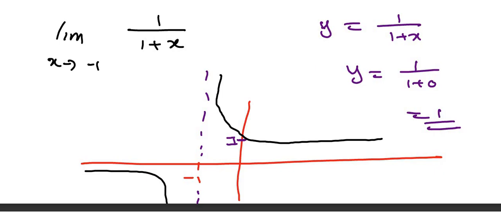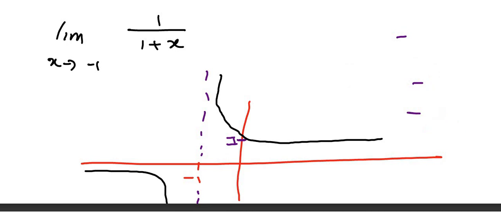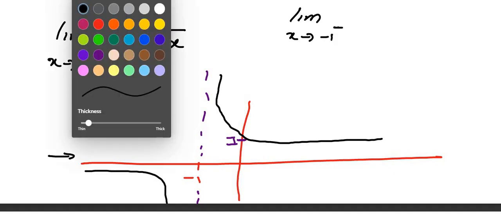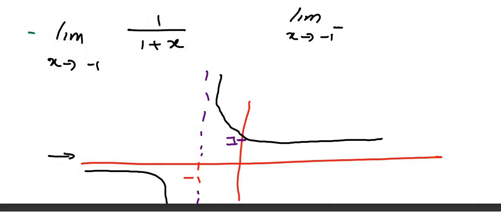If you remember how you sketch your rational functions, then this will be okay, because the answer here with regards to our limit is that the limit does not exist. So the limit as x approaches -1 from the negative side: look at what happens if you're coming from this side. Where does the bus that comes from the negative go?